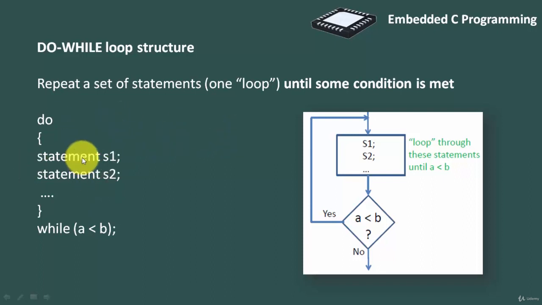So first statements 1 and 2 will get executed, and then we will check the while condition. Now if this condition is true, then again statements 1 and 2 will get executed. The do while loop guarantees that statements 1 and 2 will get executed at least once, since the while condition is checked after the do statement.